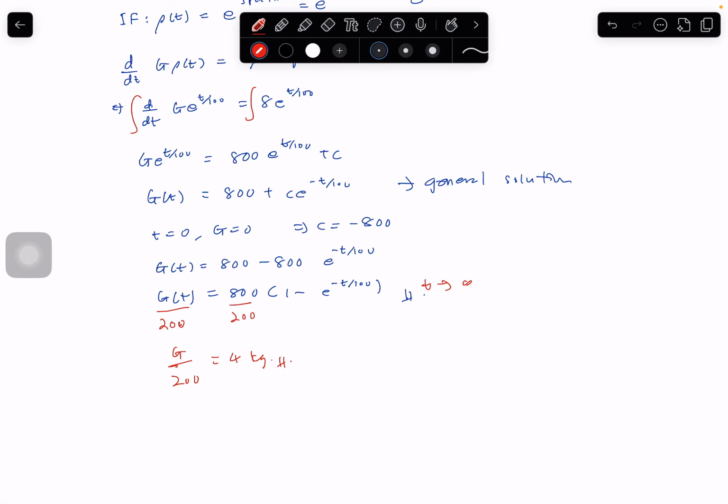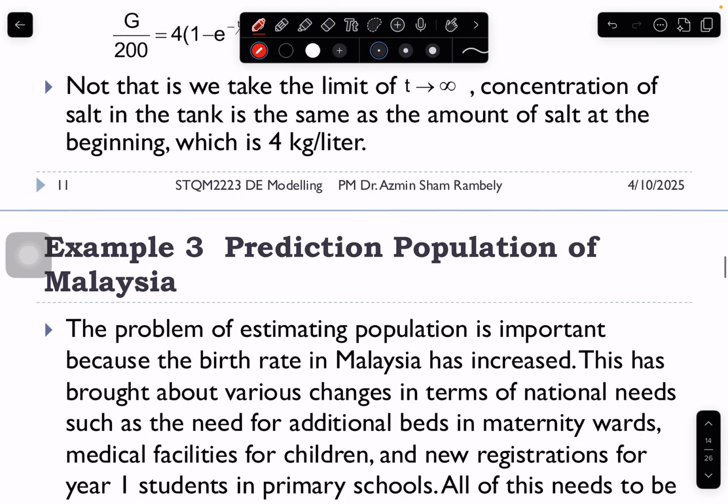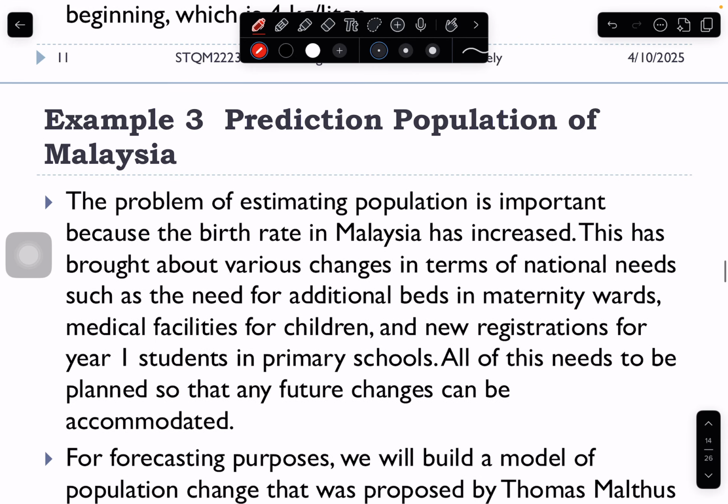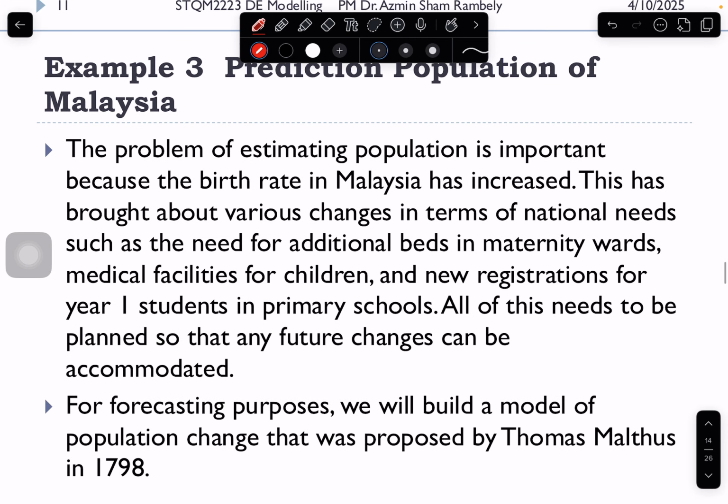Alright. Next, we have population prediction. Population prediction is very important. This one we use the Malthus equation, Thomas Malthus's population equation. We have a few models of population prediction. This is one of the easiest examples, whereby the rate of change of the population is increasing.